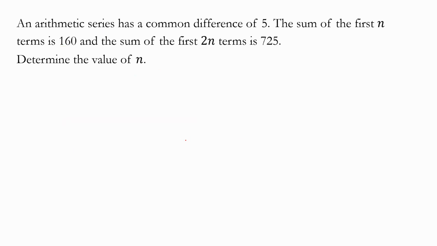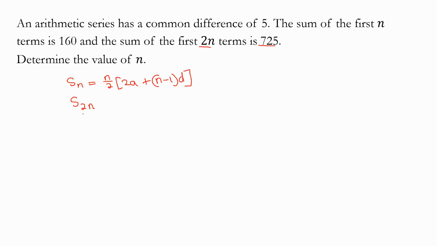Now it says the sum of the first 2n terms is 725. So the formula is not changing. It is still Sn is equal to n over 2 times (2a plus (n minus 1)d), like that. And then now it is S2n. You see that?